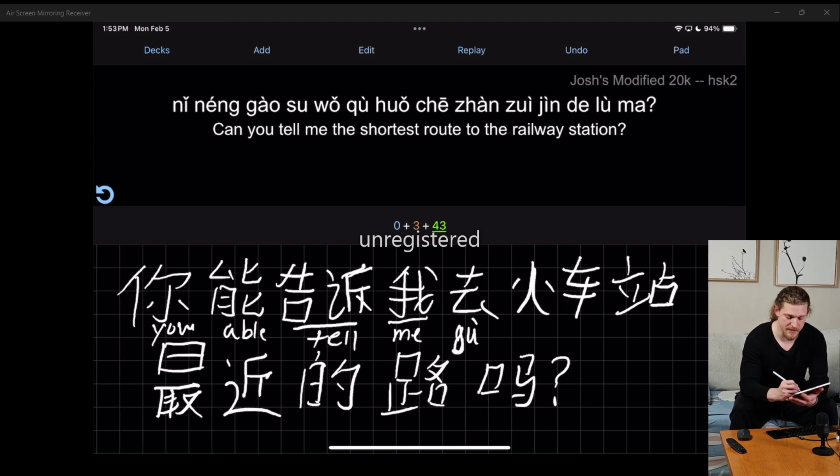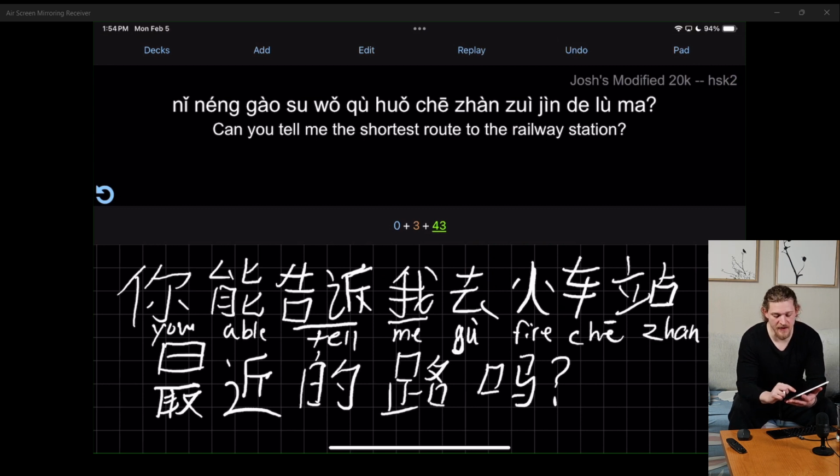Now, 火, this one's another one of those characters that very much looks like what it represents. 火 means fire. And 车 means a vehicle, like an automobile or a mechanical vehicle of some sort.